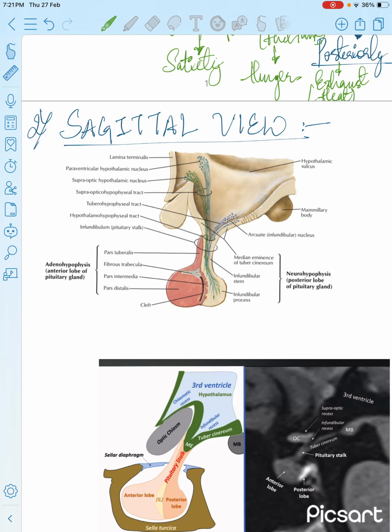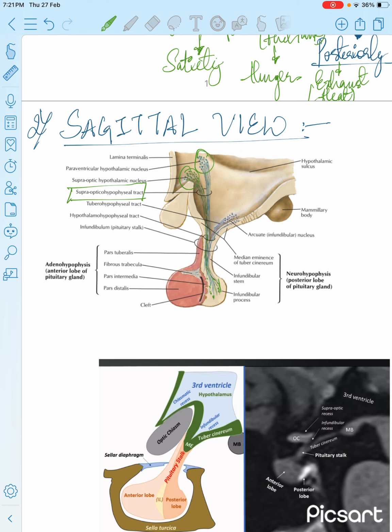So what is happening here is supraoptic hypothalamic nucleus and the paraventricular hypothalamic nucleus are having their axonal termination directly into the posterior pituitary. So this tract is called the supraoptico-hypophyseal tract, as the tract starts from supraoptic nucleus and ends into the posterior pituitary or the hypophysis.